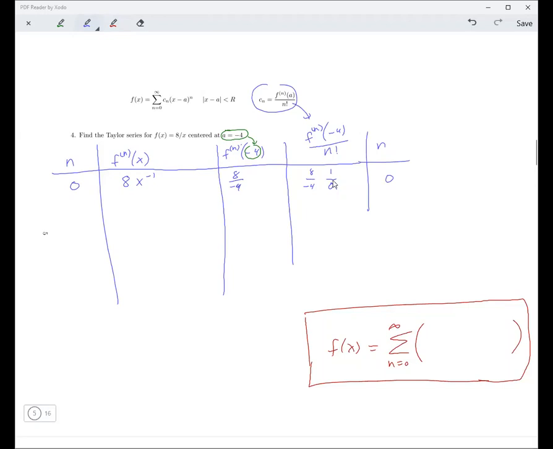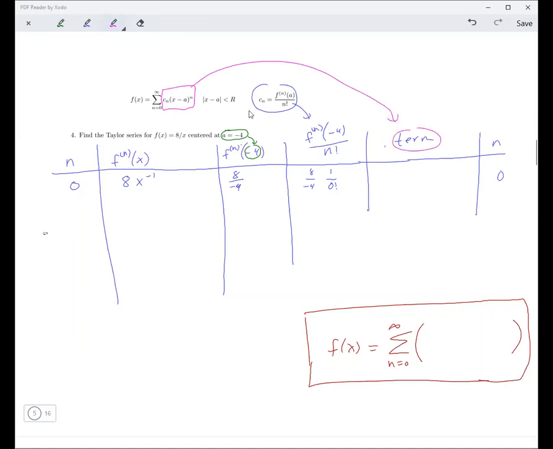So what we want to do is come up with... Oh, wait a minute. Instead, let me do one more column and then we'll put the n in. And this column will be the term. By the term, we mean this whole thing right here.